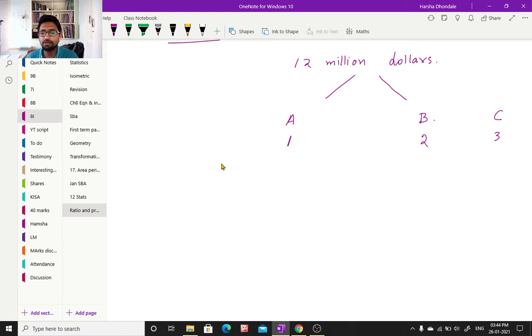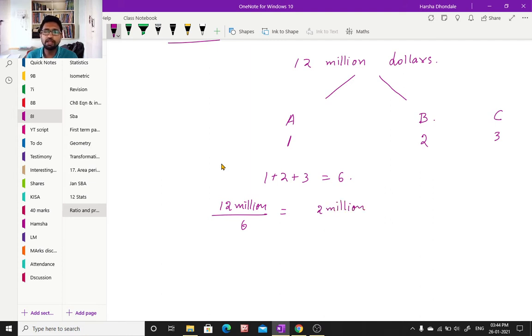Now how will I divide this $12 million? 1 plus 2 plus 3 gives me 6. Therefore, I'll divide this 12 million into 6 parts. So 12 million divided by 6 gives me 2 million.